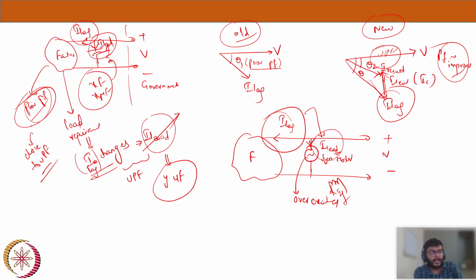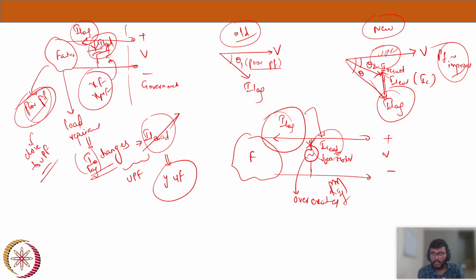Earlier people used to connect these kinds of capacitors, but as we discussed, if the load changes, the capacitor needs to be replaced every now and then. That's why every time you need to connect different capacitors. Now, as we replace these capacitances with a synchronous motor and adjust its field current, it will always draw a leading current.